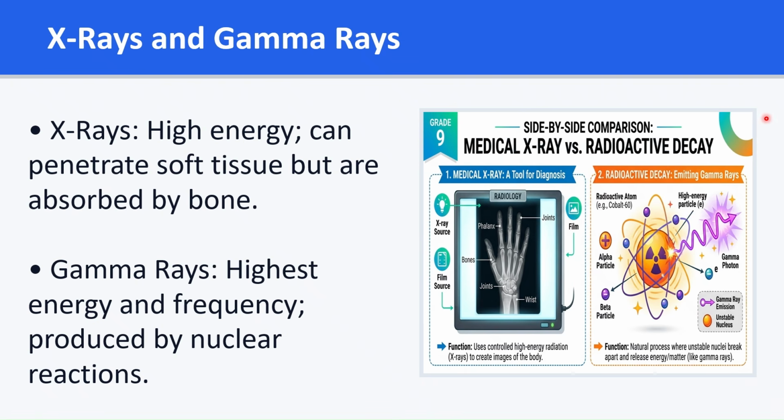Now we are at the high energy end of the spectrum, the X-rays and the gamma rays. X-rays, we define it as high energy. It can penetrate into soft tissue but are absorbed by bone. So this is the illustration of X-rays. X-rays are powerful enough to see through your skin to your bones.